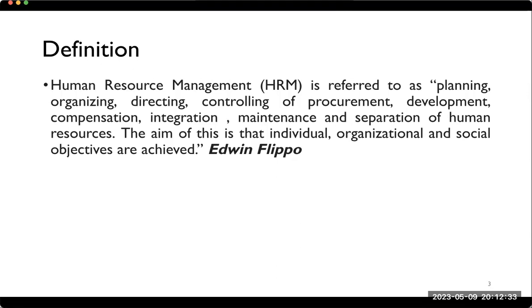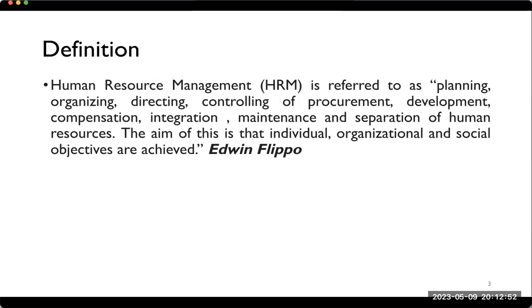So we will be looking at some of these steps in terms of human resource management, but it's a whole package of different HR activities that have to be undertaken in terms of managing these resources.